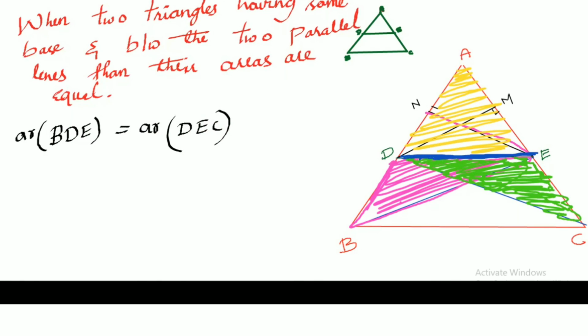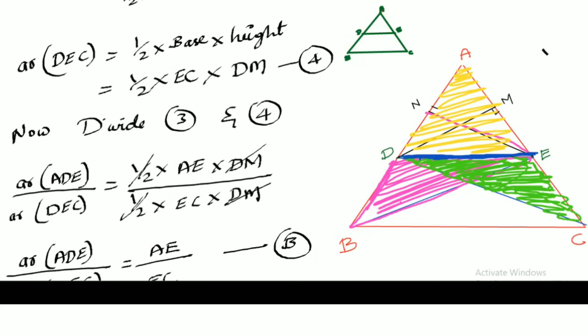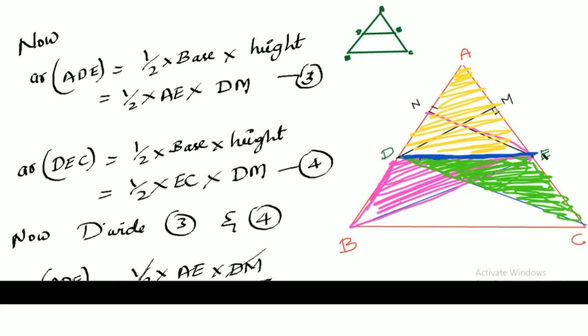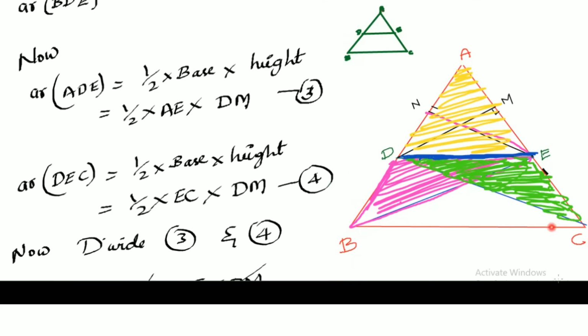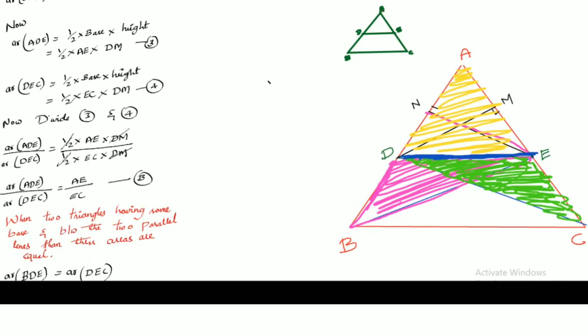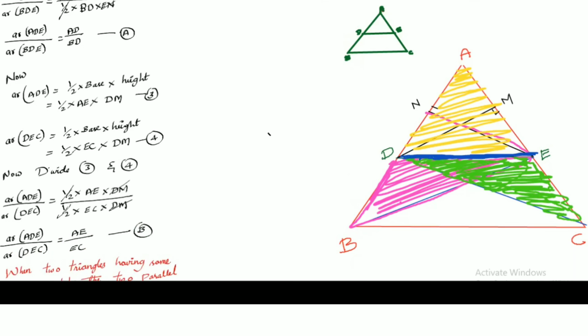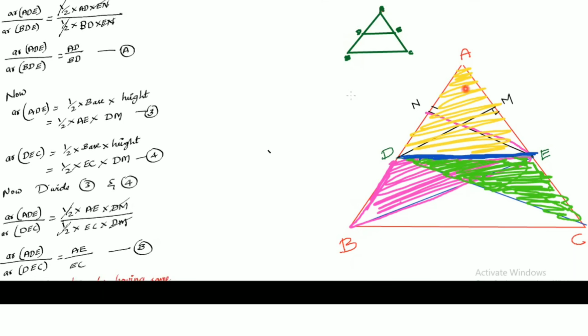Okay. Now come back here. Let me make it a little smaller for you people. So listen, look here. Area of ADE here, here also ADE. Look at A and B. Area of ADE here, also in the numerator ADE.